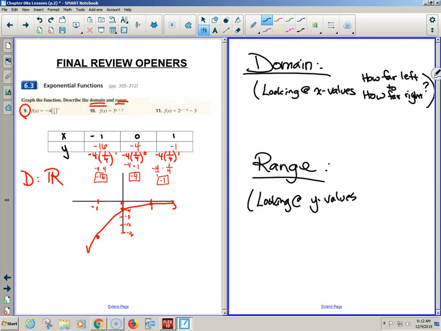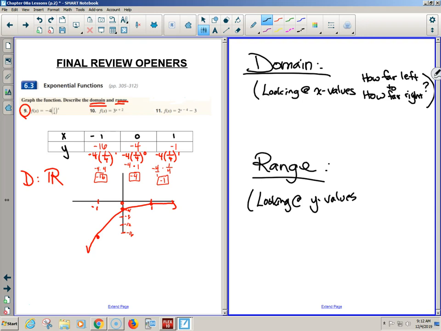Okay, help me out. Y values. The questions have to change. Instead of how far left to how far right, x-axis, what do you guys think we're going to do instead? Good. How far low or how low to how high? How down to how up?